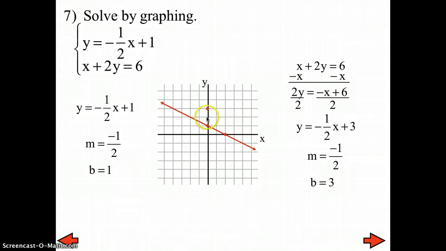I'm going to go down 1 over 2, down 1 over 2, and notice, hopefully you can see that these lines are both parallel. The reason why they're parallel is because of the slope. Since they're moving at the same rate, these lines will never intersect because they're starting at different points. So in this case, since the two lines will never intersect, there is no solution.